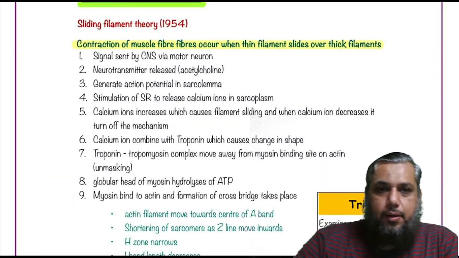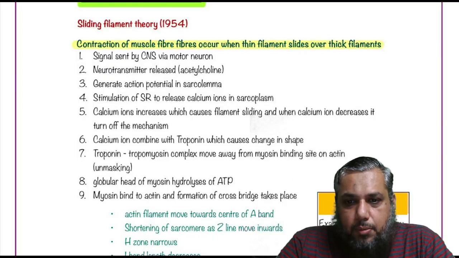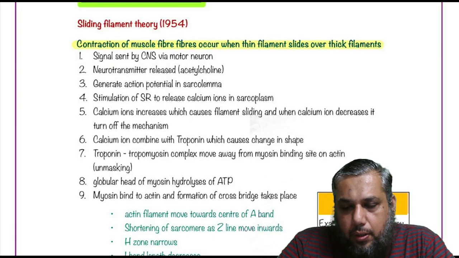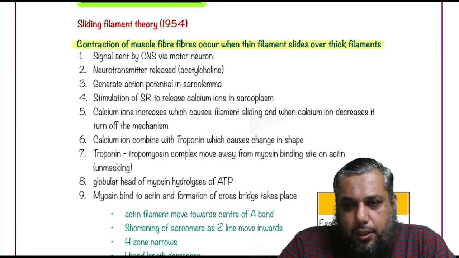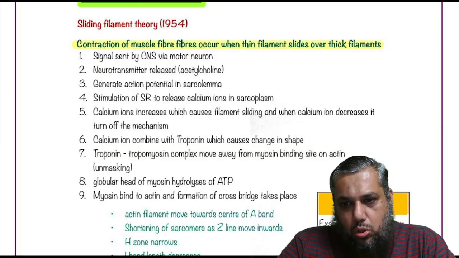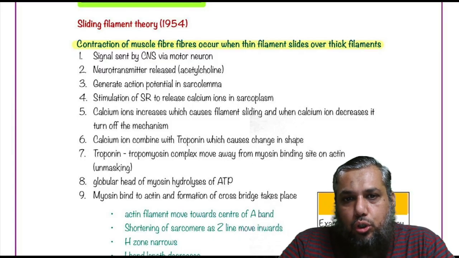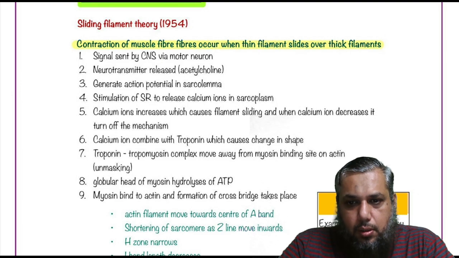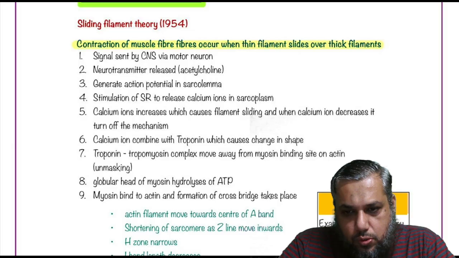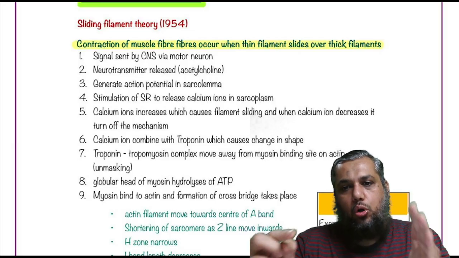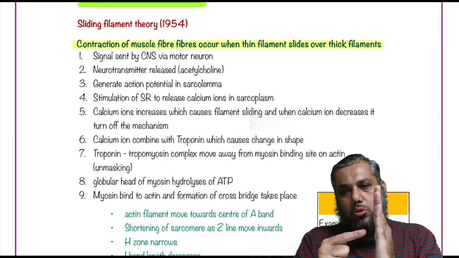So, in a point-wise manner, for the muscle contraction to begin, these are voluntary muscles. So, the signal for their contraction will come from the central nervous system with the help of a motor neuron. And these motor neurons come close to the sarcolemma.